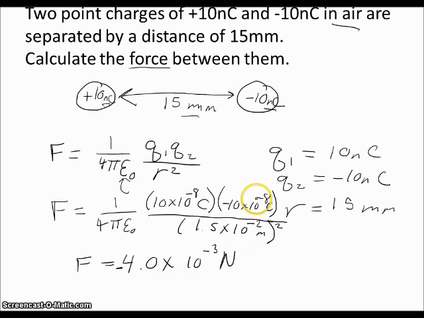And you would have seen that since it's a negative value, these two forces want to pull toward each other. It's attractive if it's negative. Okay? So negative is attractive, positive is repulsive.